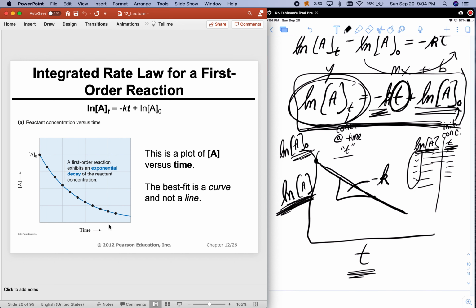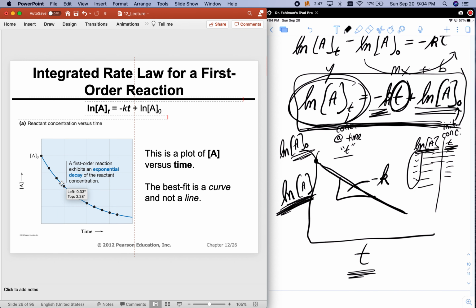This is just a plot of concentration versus time, and very typically it will not be linear. It's going to be like an exponential decay. By the way, if this is linear, then it's zeroth order.